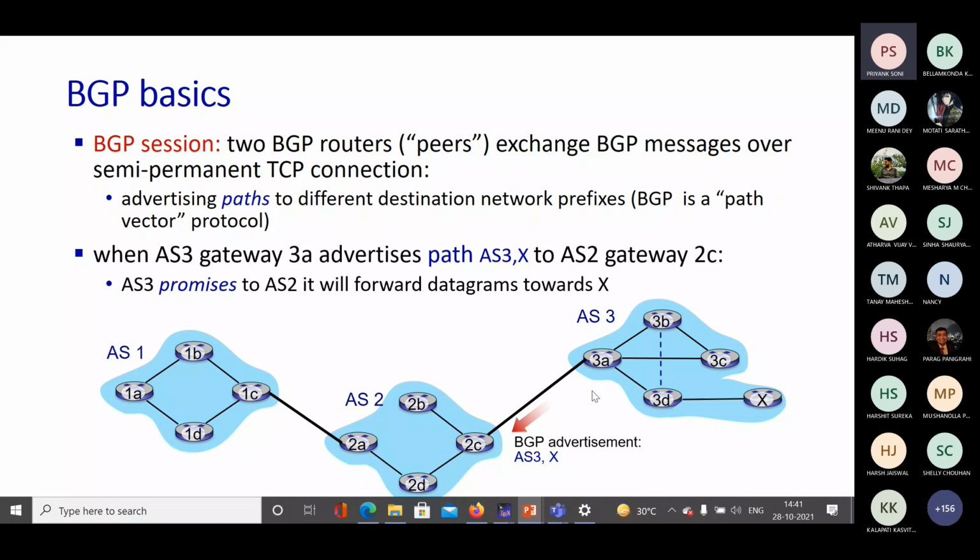So what AS3 is doing is promising AS2 that if there is some datagram destined for X, AS3 will forward the datagrams towards X. This is what the BGP advertisement is telling when it sends this path information of X to 2C, which is again a gateway router of AS2.